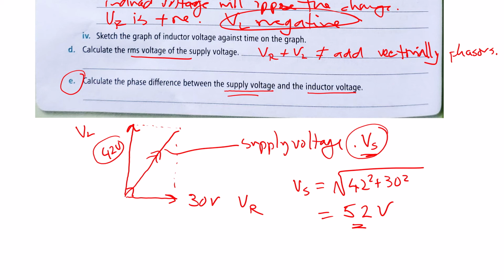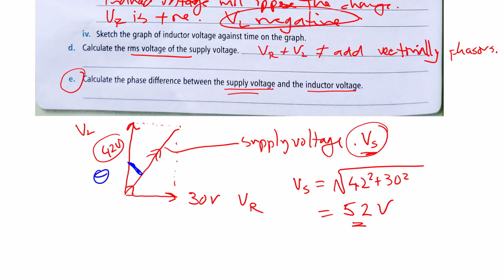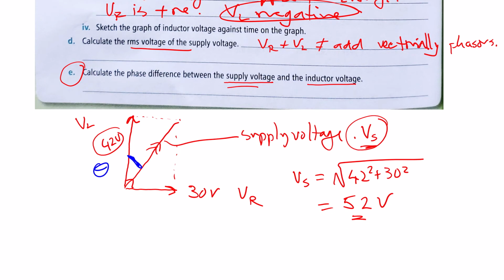So we're going to be looking at this angle here, this angle theta here, and from our triangle there we can use our trigonometry, and we can say tan of theta is equal to opposite 30 divided by adjacent 42.